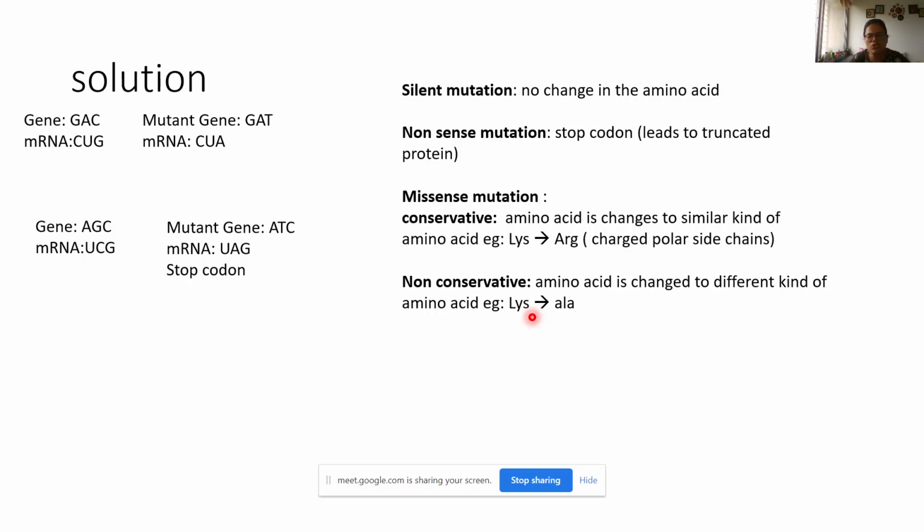You guys know about sickle cell anemia? Yes. It happens just by one point mutation. Due to one point mutation, there is a change in the amino acid, and that's why the shape of the RBCs becomes sickle.